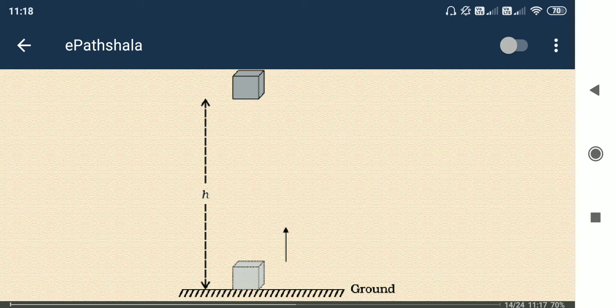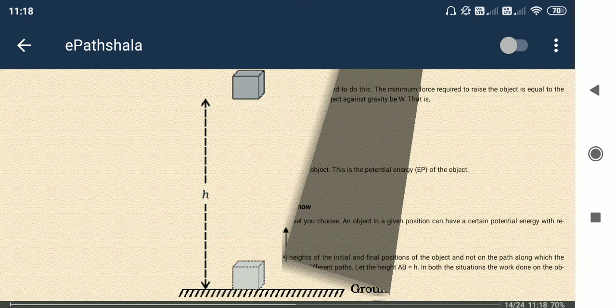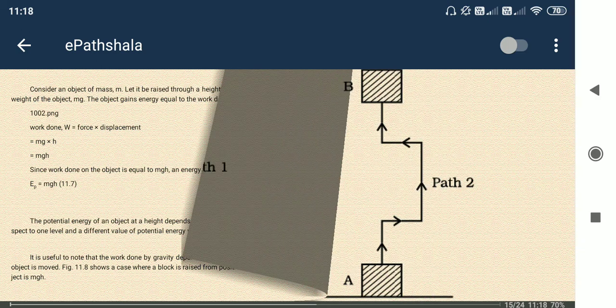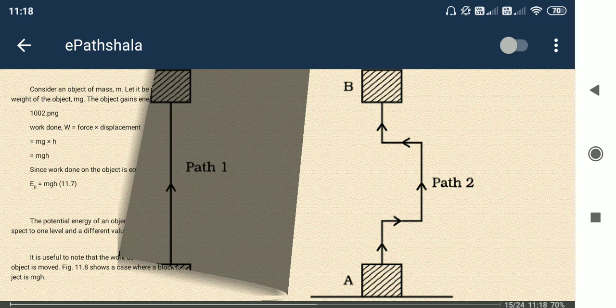As high as we take the object, the potential energy will be higher. Why? Because the capability of the object to do work increases as we take it higher. So here is the formula: potential energy is mgh.